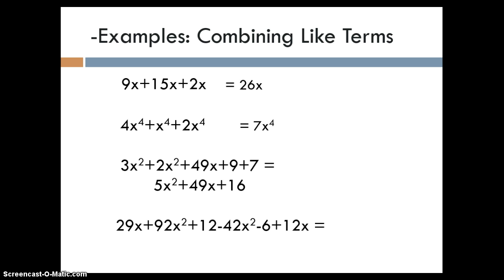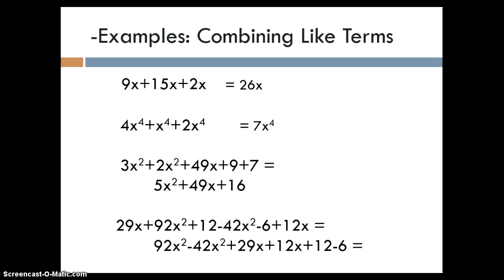Perfect. All right, and this last one, it's a little tricky, and I'll give you a hint. Obviously, as you can see, they do not all have the same exact variable. So what you're going to do is rearrange them. Use the commutative property and rearrange them so you can see them better. So you're going to go ahead and put all the squareds together, all the variables that have the one value, and all the single digits.